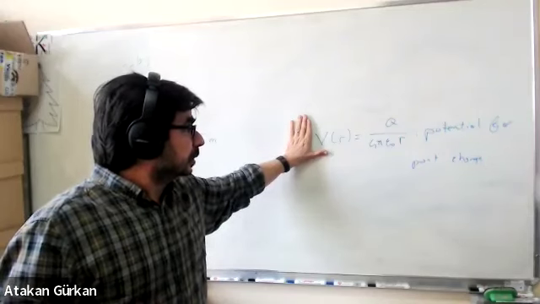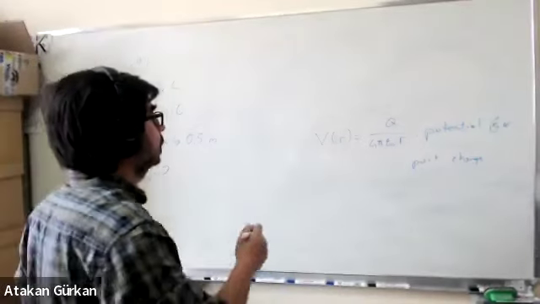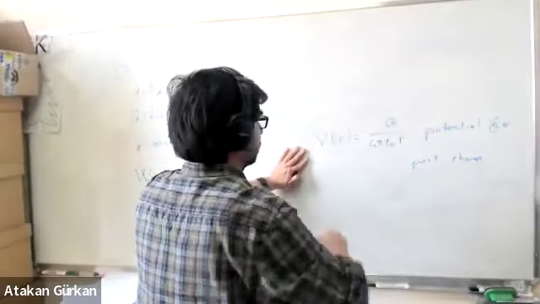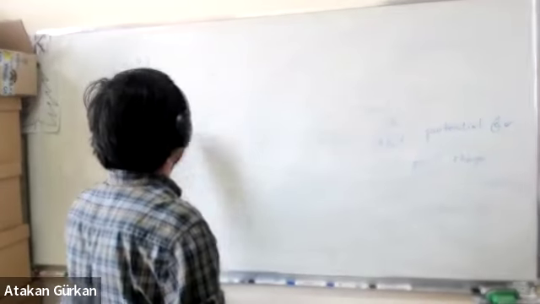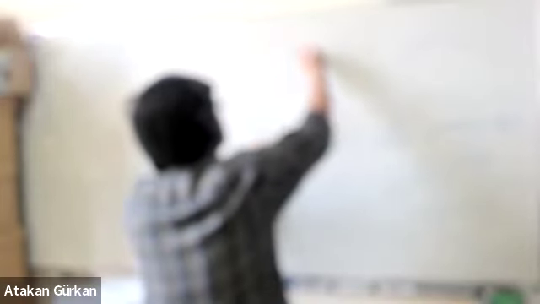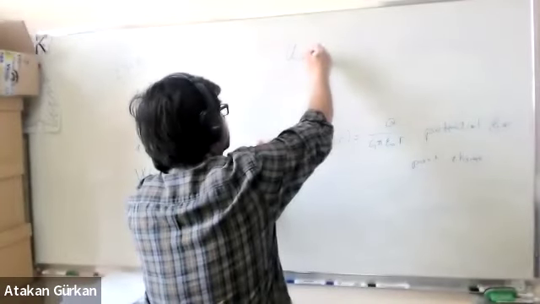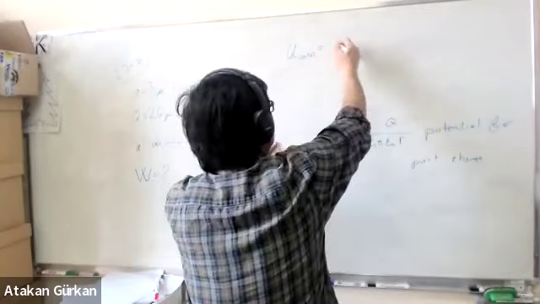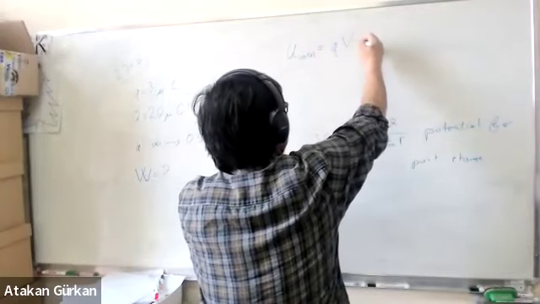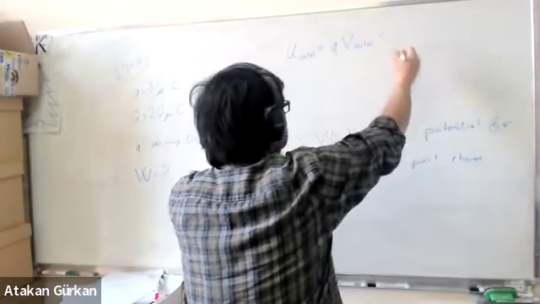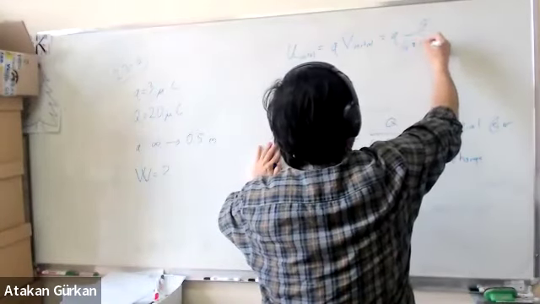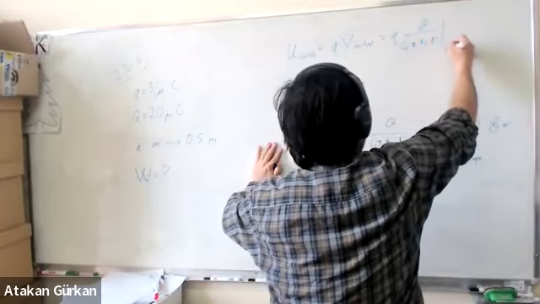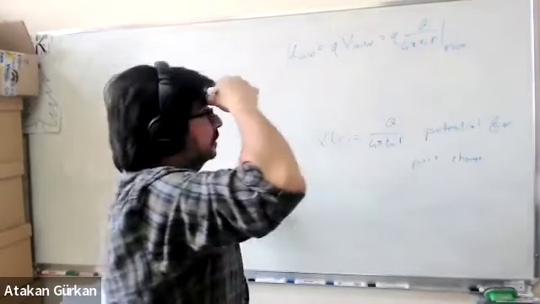So if this is my potential created by my capital Q over here, 20 microcoulombs, initially my potential energy U initial is going to be q times V initial. And it's just Qq by 4 pi epsilon naught R, where R is infinity, that's 0.